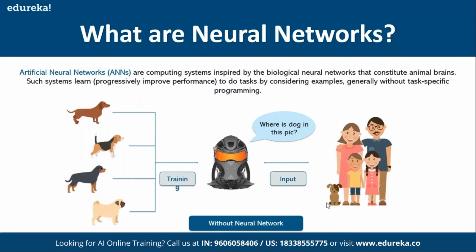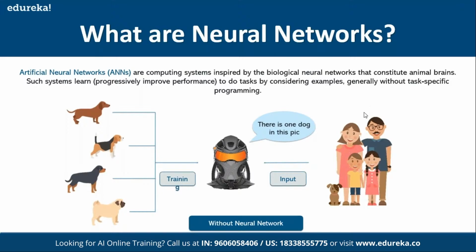But the dog in this photo is very different from the dogs with which we trained the application. Which means that in spite of training an application on various images of dogs, a regular machine learning algorithm which handles structured data fails, and will not be able to identify that there is a dog in this picture.